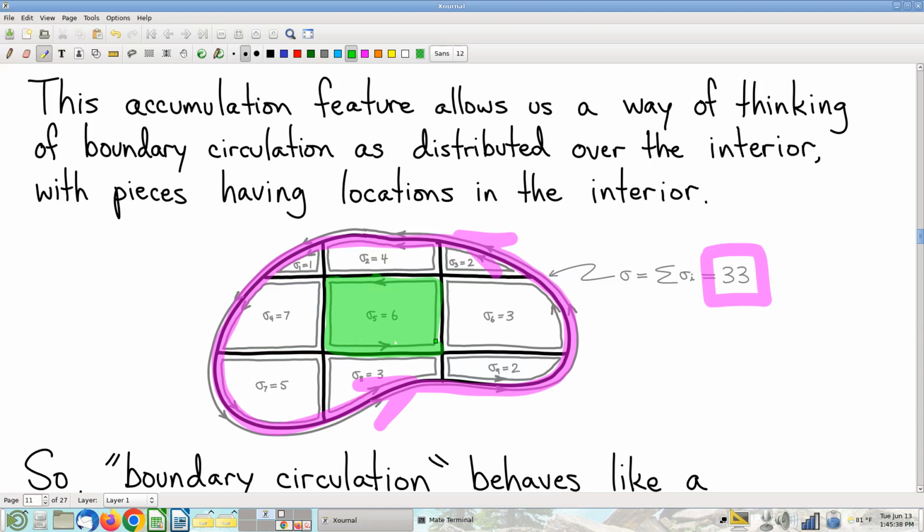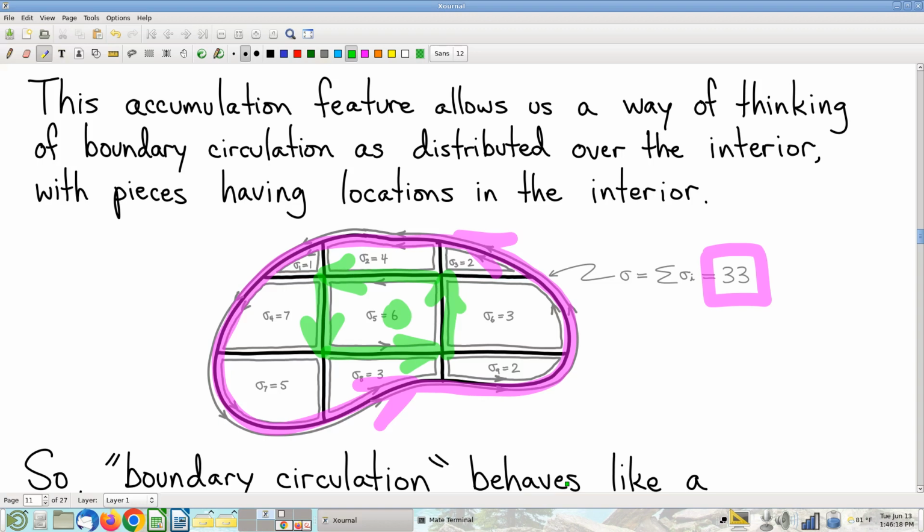What you have to keep in mind is that circulation on the purple curve is something that I associate to the area. And then when I ask the related question, how much of that circulation is in this little piece of area, I can just draw that circulation. And that circulation on that green rectangle, in this case, would be 6, as it turns out.